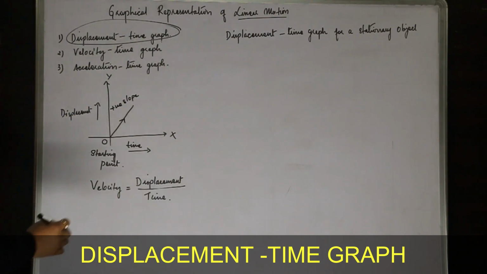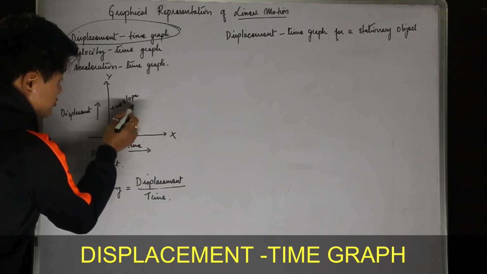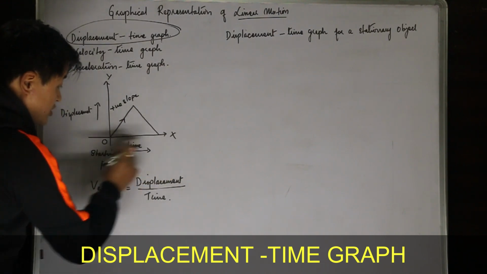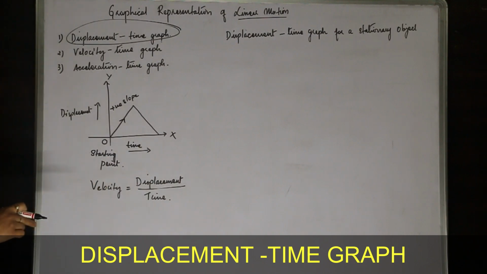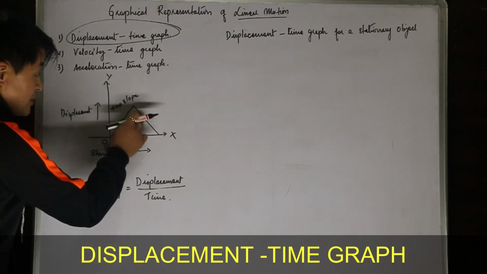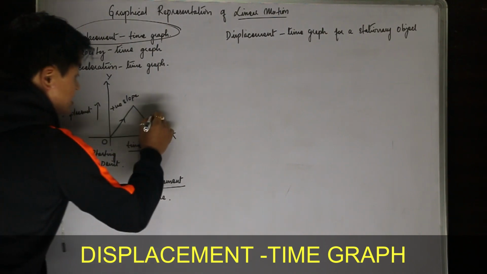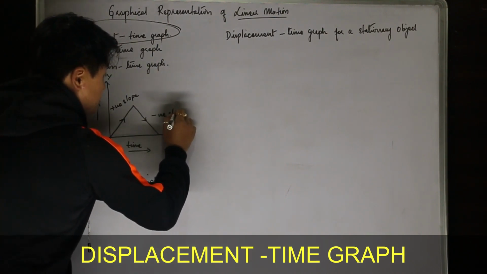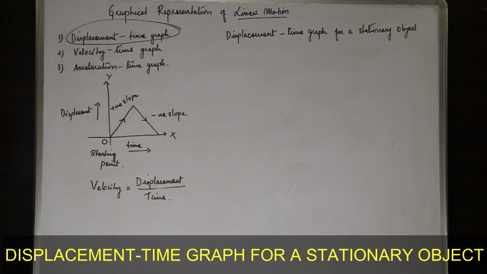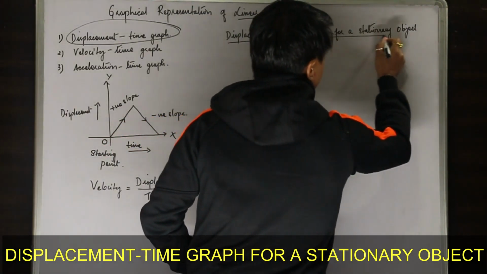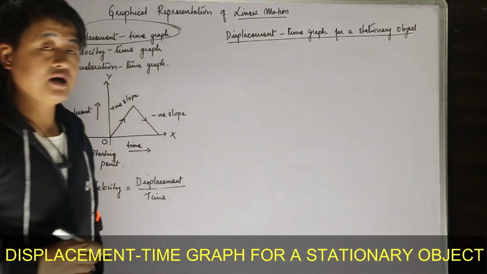And if the body is coming towards the starting point, this line represents the starting point, then it is considered a negative slope. Clear? First we will do the displacement time graph for a stationary object.